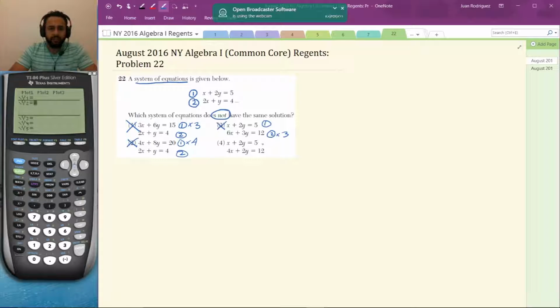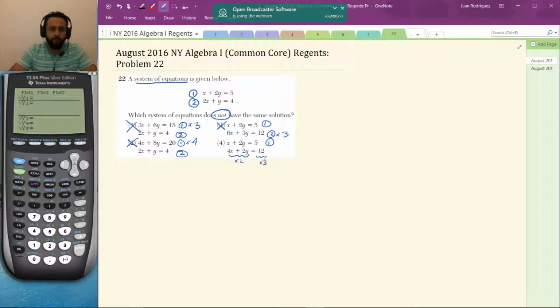Now this one, x plus 2y equals 5, that's equation 1. And this one, 4x plus 2y equals 12. This one is like the left side of equation 2 multiplied by 2, and this side is like equation 2 multiplied by 3 on the right side.